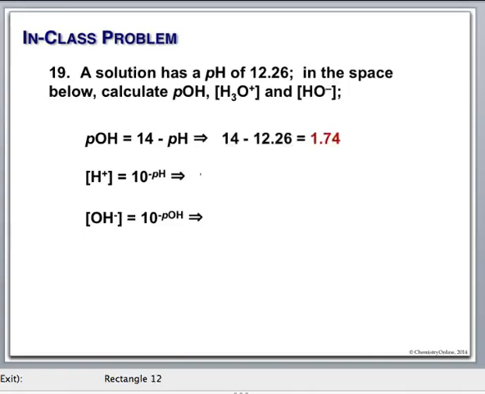Now here, again, I tried to tell everybody over and over again, please make friends with your calculator because they're all different. Don't practice these things. Here we would type in pH, change its sign, and hit 10 to the x. 10 to the minus 12.26, 5.5 times 10 to the minus 13.